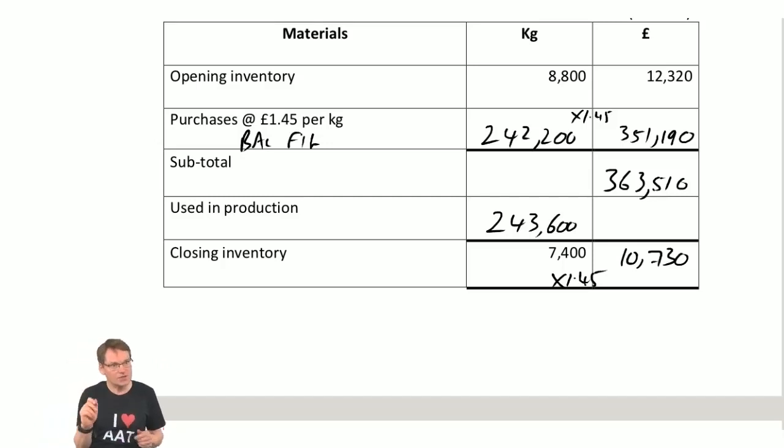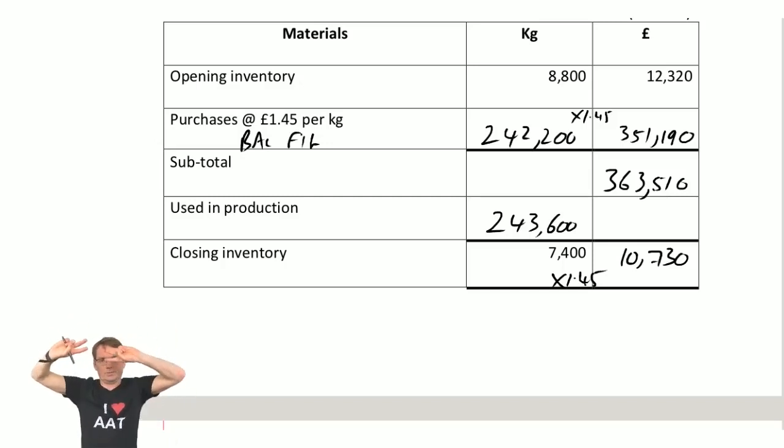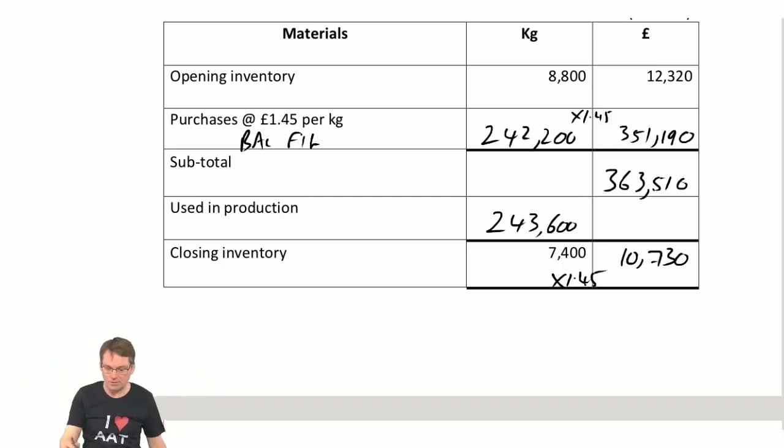So the safest way to make sure that you are going to get the right figure is simply to do the same thing, to say, right, just like we said for the units, opening inventory plus what you buy equals production plus what's left. It's the same for the pounds.